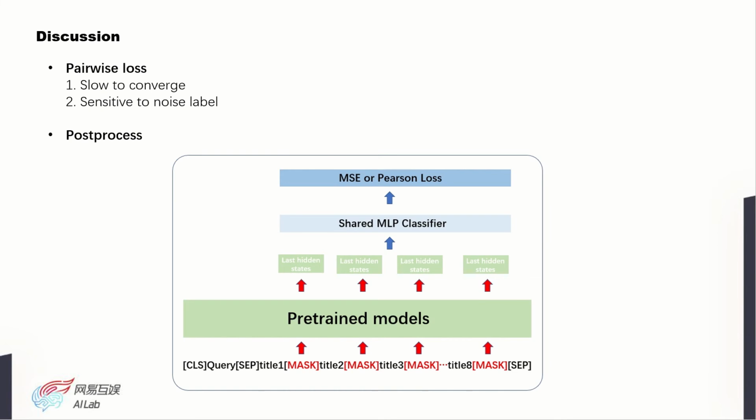The intuition of post-processing is to pick out these hard pairs according to the score distribution predicted by the stage 1 models, and then train stage 2 models with the query and product titles of multiple pairs. An example is shown in this figure. Ultimately, we did not achieve a higher NDCG score than the stage 1 model in this way. So we think maybe better modeling methods and more experiments are needed.